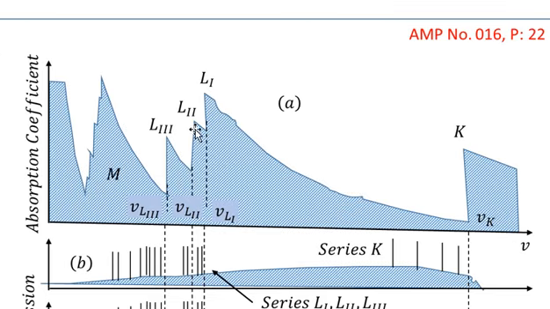Similarly, the edge corresponding to L2 is because an electron from the L2 shell has been ionized, and similarly the L3 edge will correspond to the ionization of an electron in the L3 level.